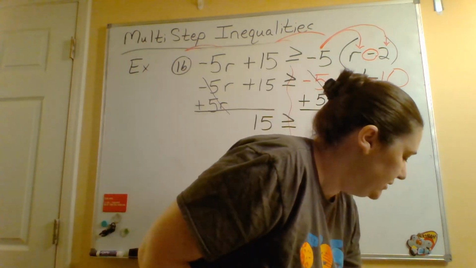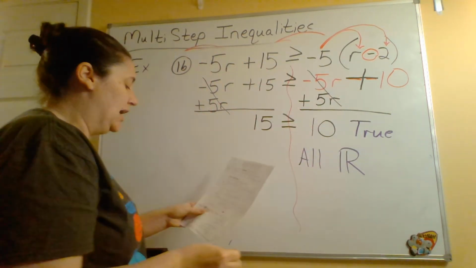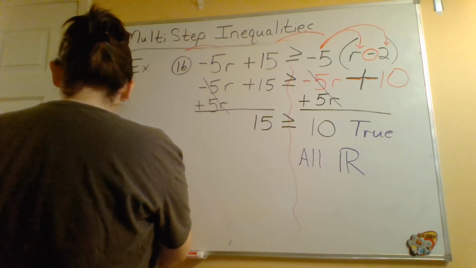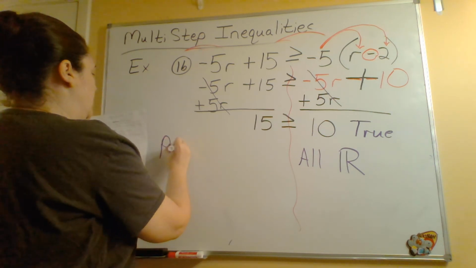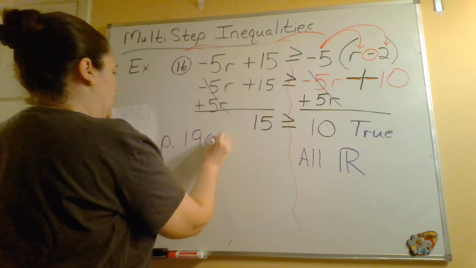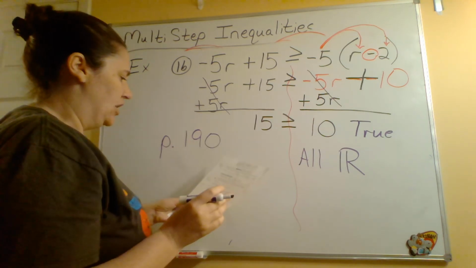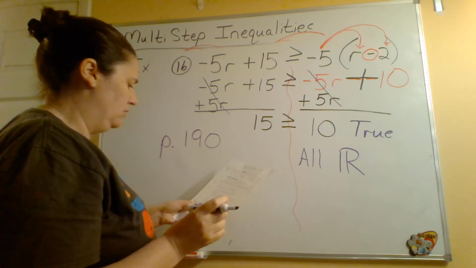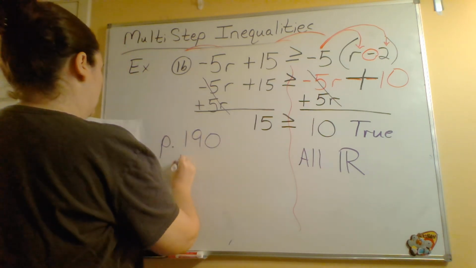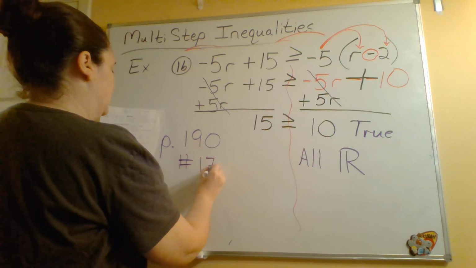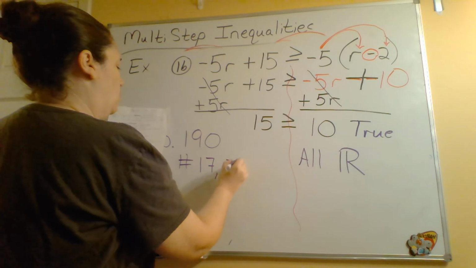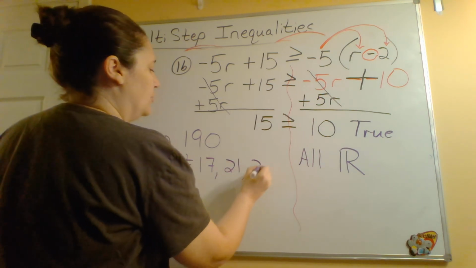Homework for tonight. Your homework for tonight is only going to be 3 problems. This is going to be page 190, which I think we had before. No, we didn't. Never mind. I don't know what I'm talking about. Page 190, we're going to do number 17, number 21, and number 35.